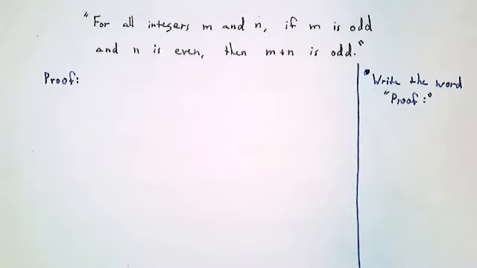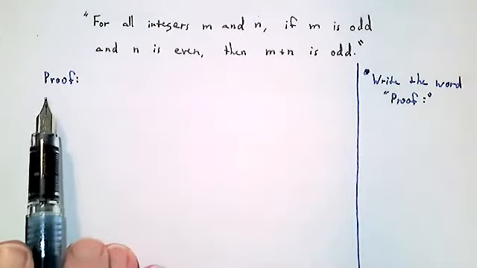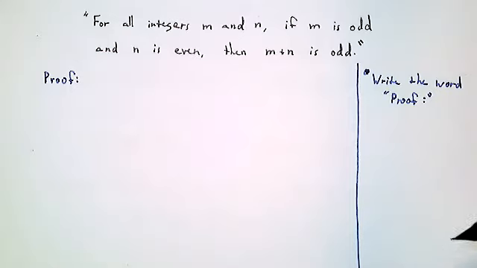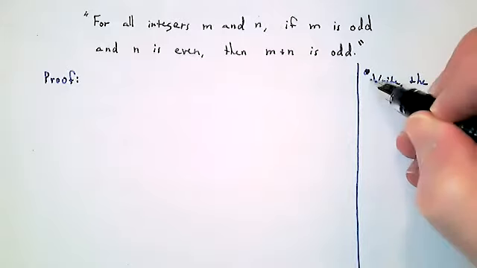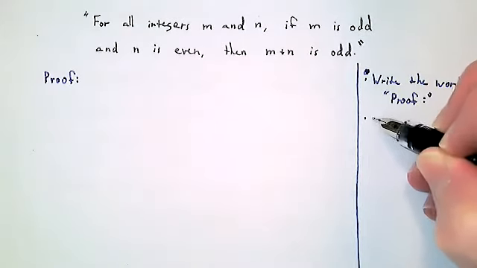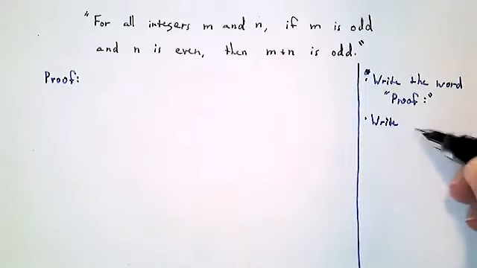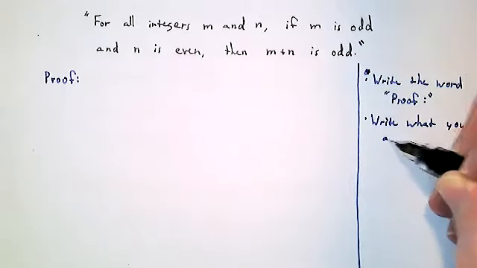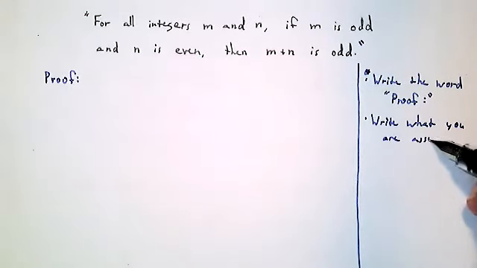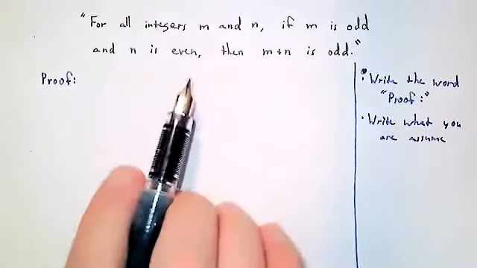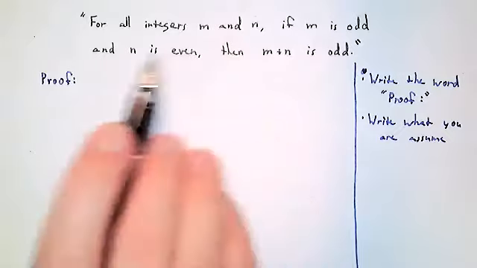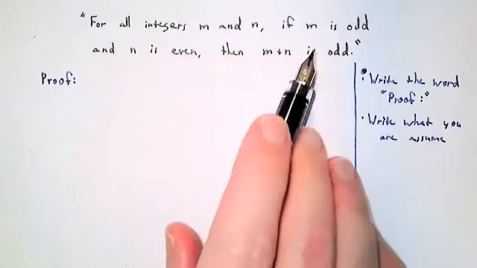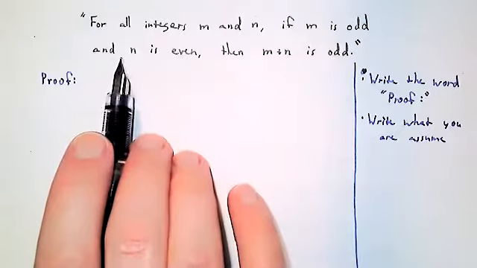And the next thing that you'll want to do after writing proof is to write everything that you're going to assume and everything that you need to show. So this is my first bullet point, and then write what you're going to assume. Maybe I'll fill this in. In this particular case, we're going to assume that m and n are integers, of course, and also that m is odd and n is even.